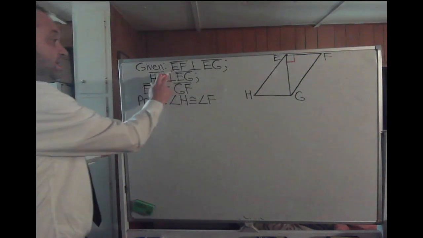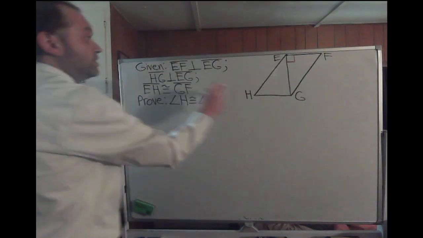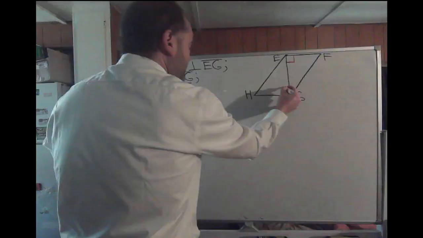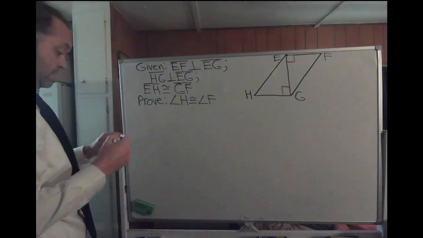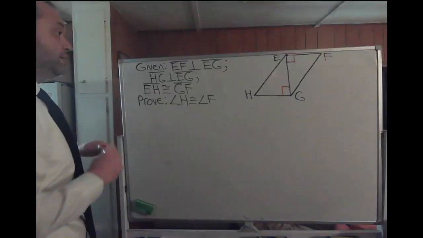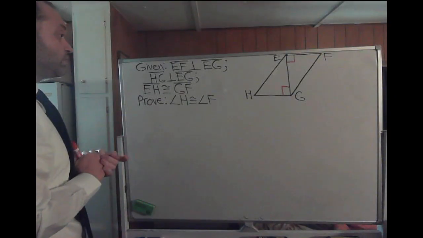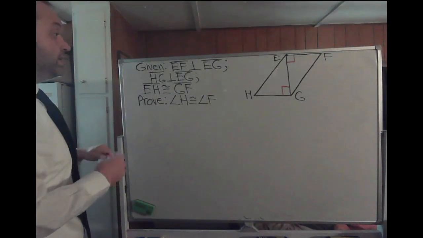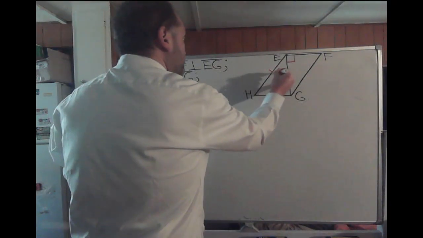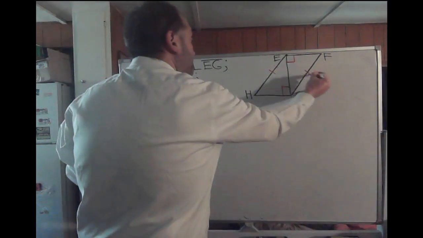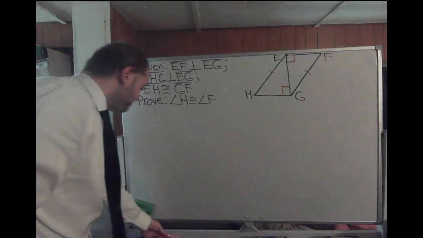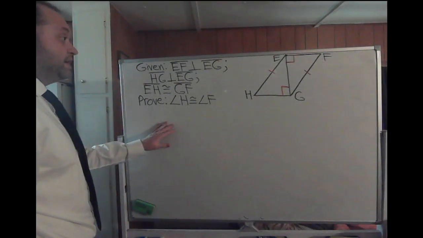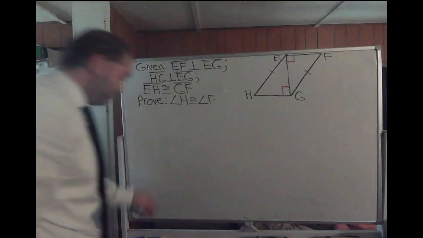We're also given that HG is perpendicular to EG, so that's another right angle. And then we're even given that EH is congruent to GF.